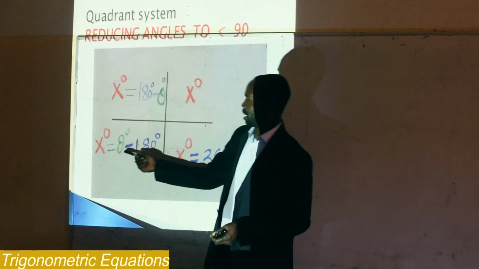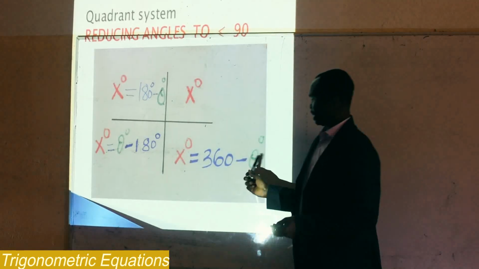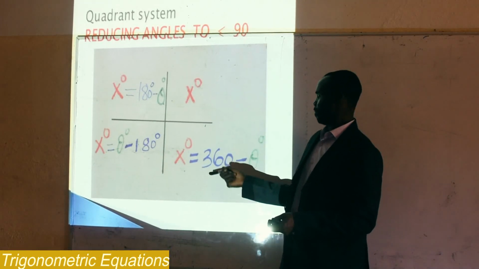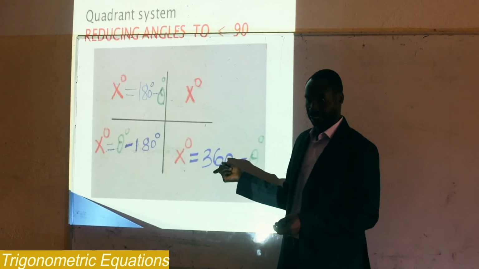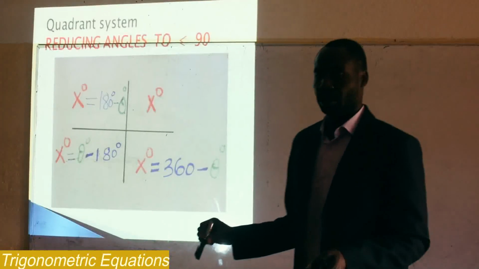Here, you do the same: it is theta minus 180, and in this quadrant, it is 360 minus the angle, so that you can read it from a math table.